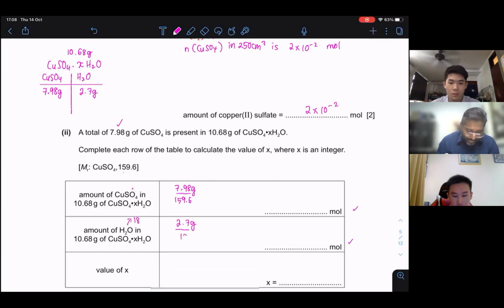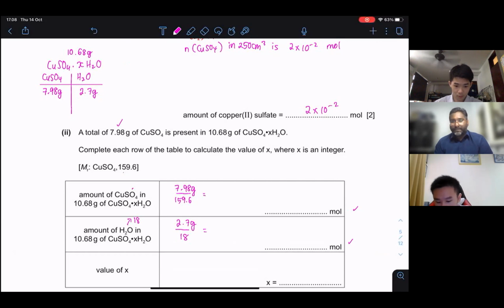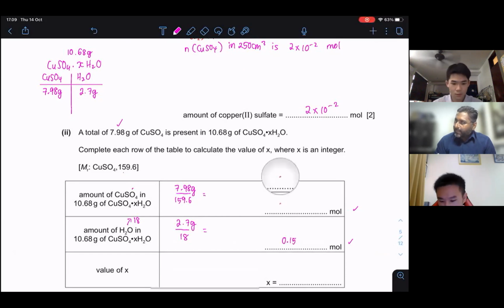So calculate the number of moles. 2.7 divided by 18 is 0.15, and the other one divided by 159.6 gets 0.05. This is the number of moles.